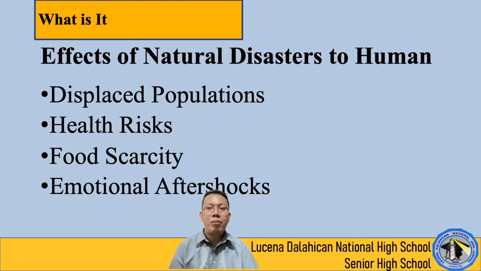So these are the effects of natural disasters to humans. First, displaced populations. For example, there's a typhoon, and a certain barangay or town was damaged by it.